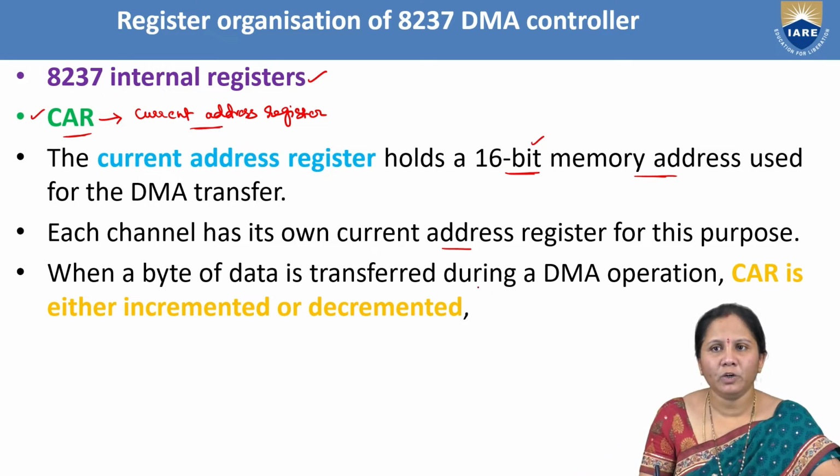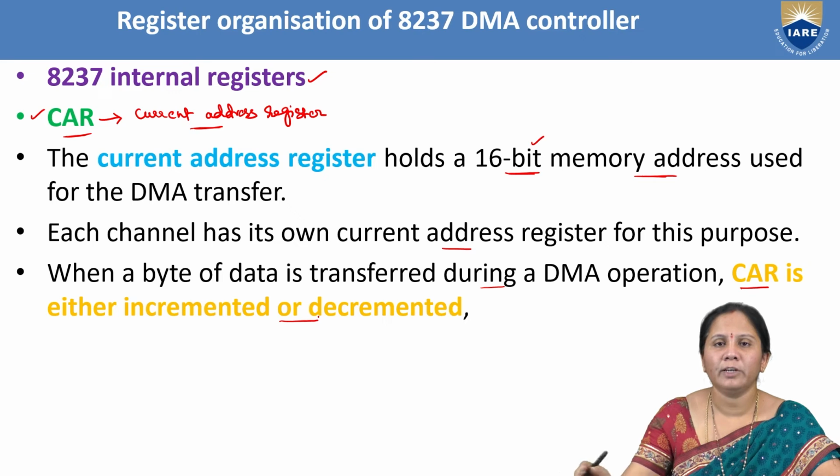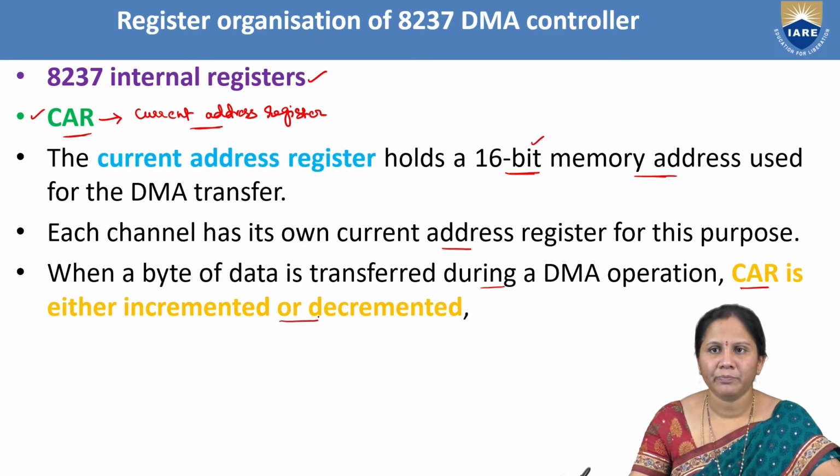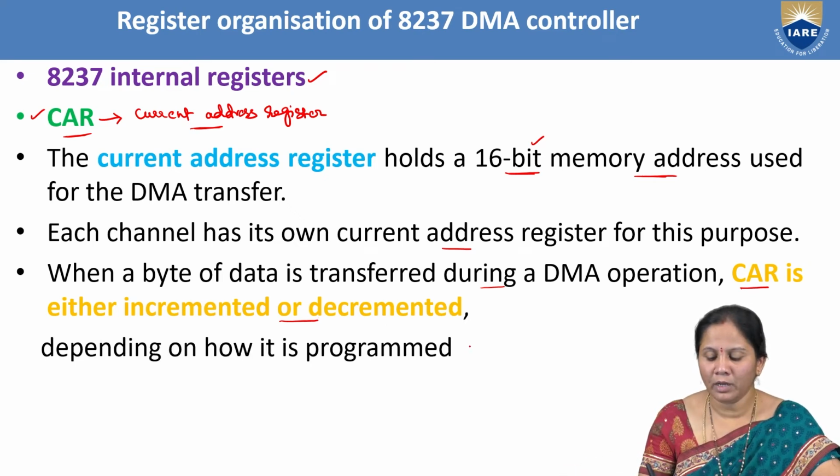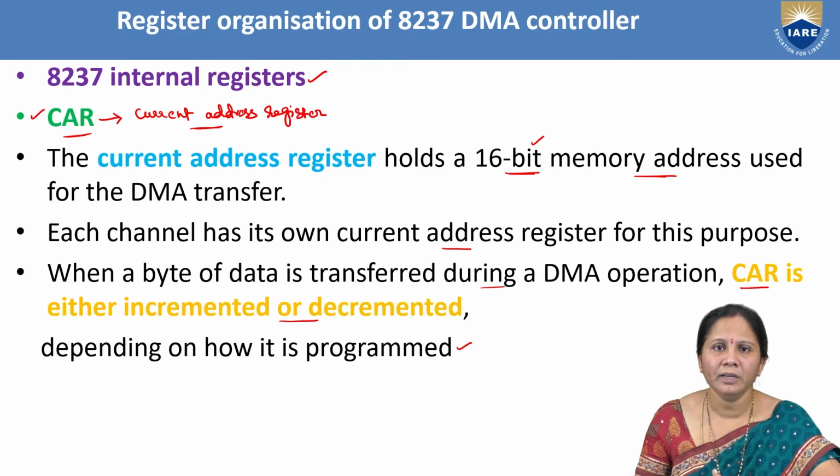When a byte of data is transferred during a DMA operation, the current address register is either incremented or decremented, depending on how it is programmed. So for each DMA operation, the current address register may be incremented or decremented by 1.